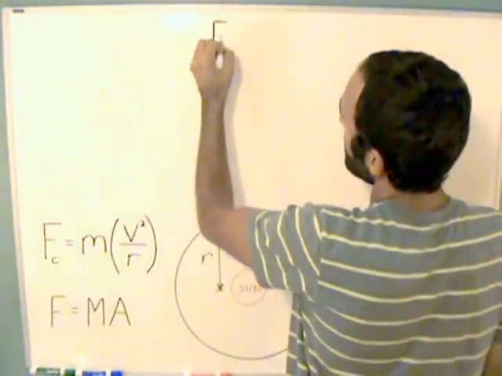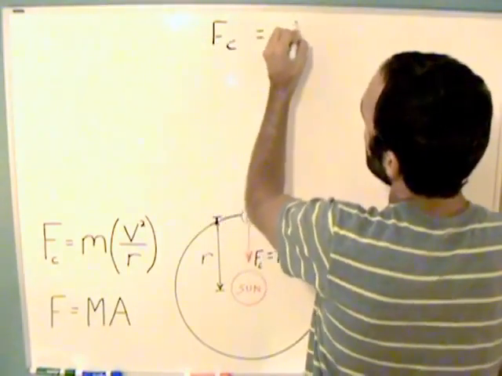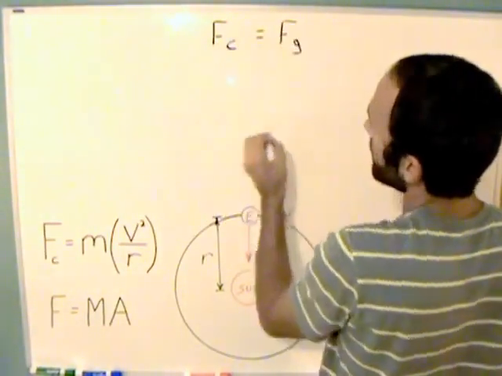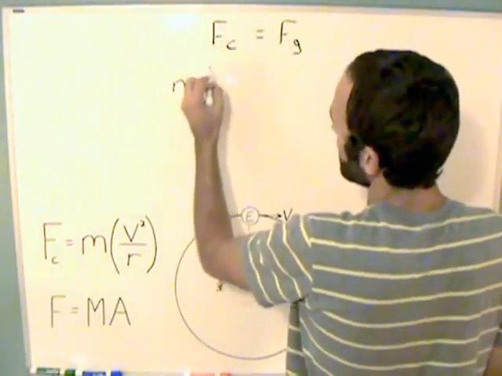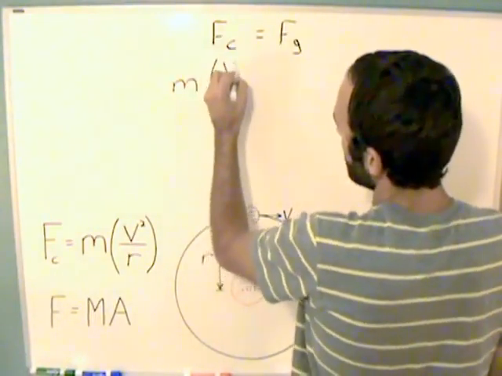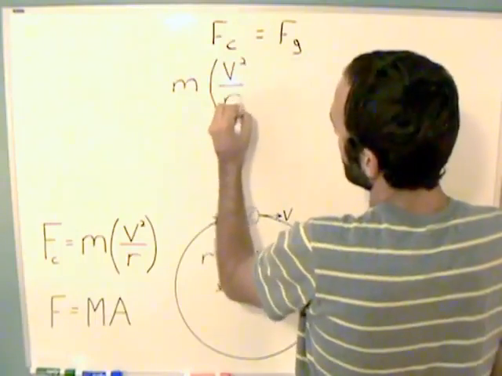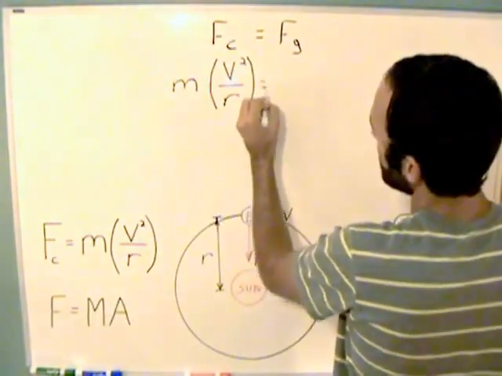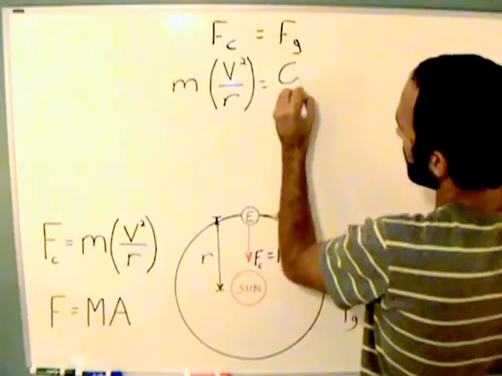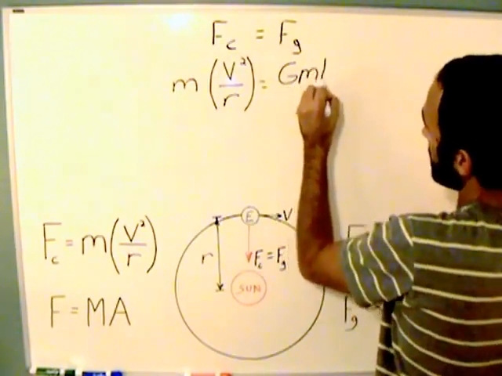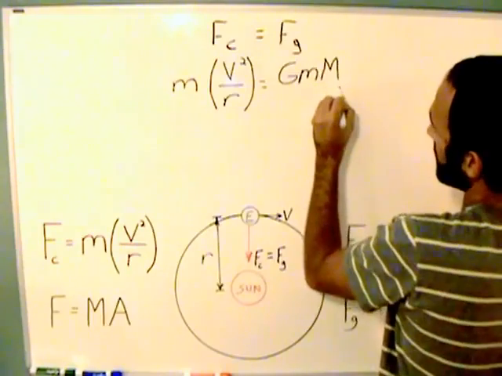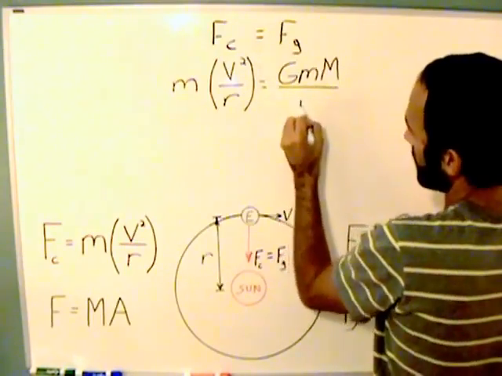The centripetal force is m times v squared over r, which is equal to big G, the gravitational constant, times the little m, the mass of Earth, times big M, which is the mass of the Sun in this case, over r squared.